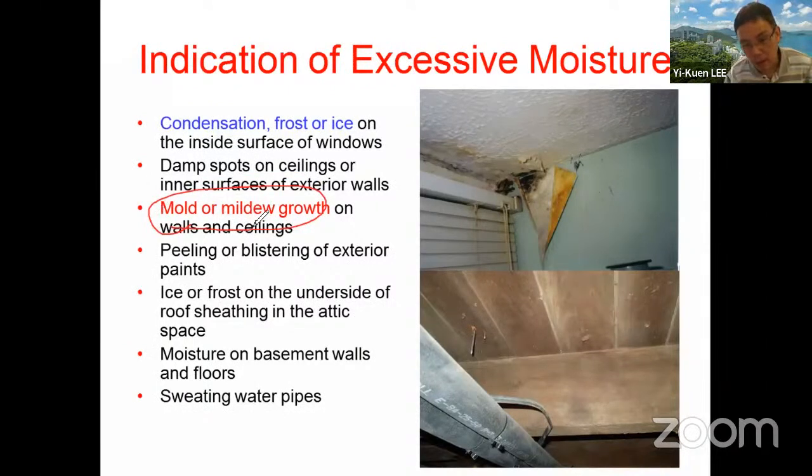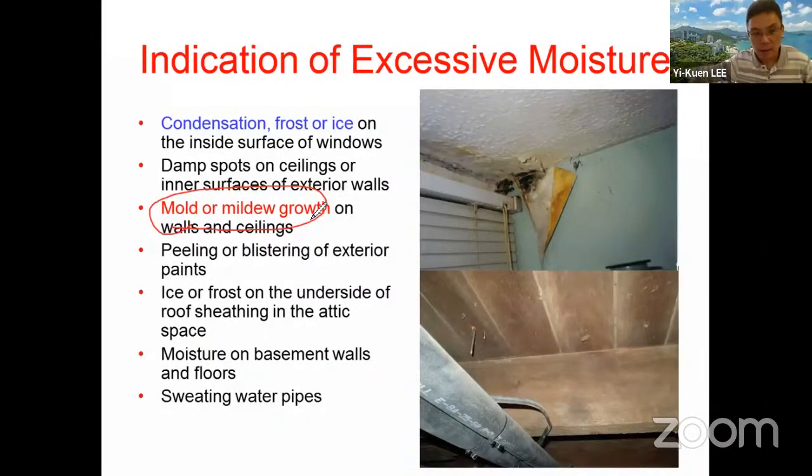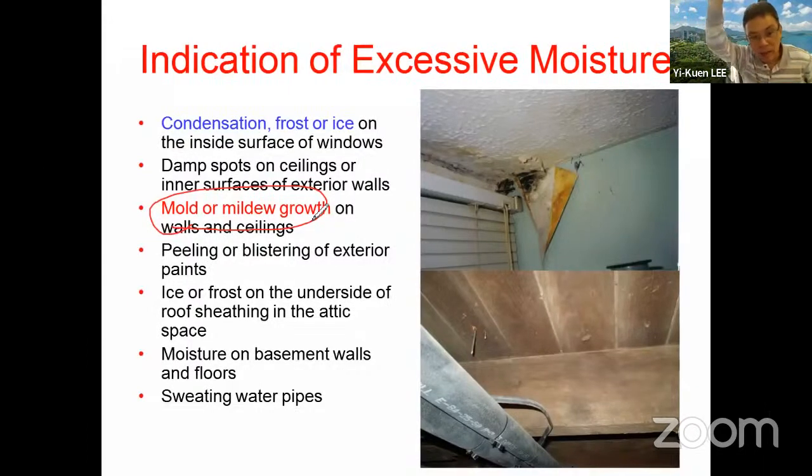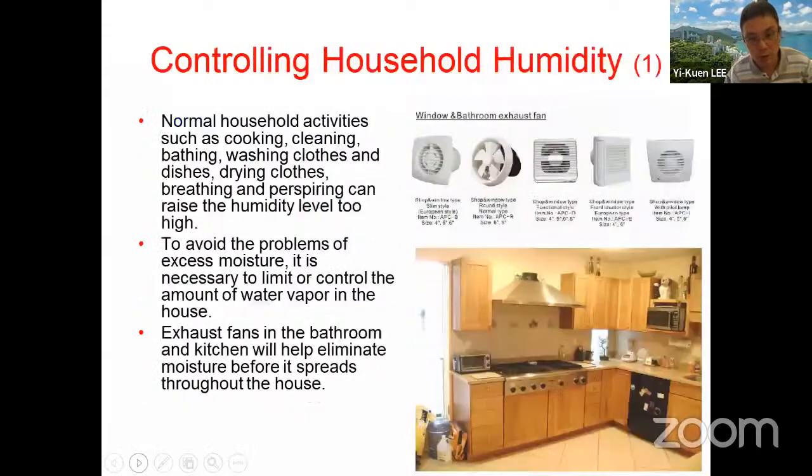And for Hong Kong buildings, we have another problem: the salt from the ocean may also evaporate into the air, and this can create corrosion problems, right? Unfortunately, in Hong Kong, we need to deal with these issues.